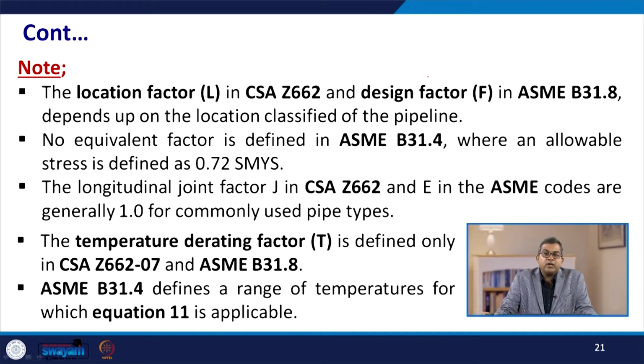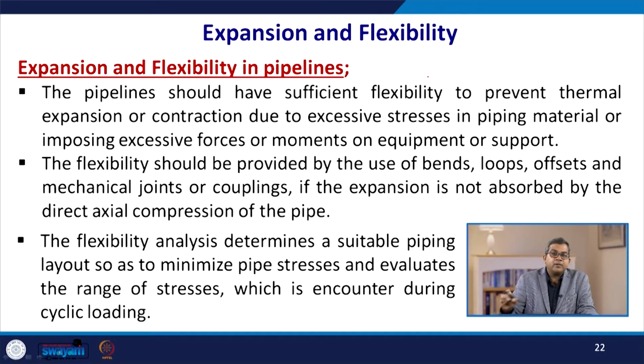The longitudinal joint factor J in CSA Z662 and E in the ASME code are generally 1 for commonly used pipe types. The temperature derating factor T is defined only in CSA Z662 and ASME B31.8. ASME B31.4 defines a range of temperature for which the previous equation which we derived earlier is applicable.